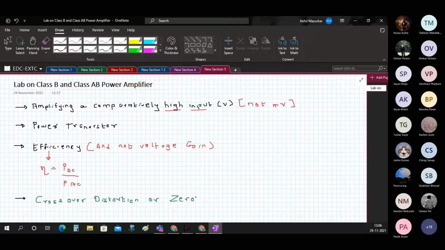So when the signal swings from plus to minus, it has to pass through zero, and at zero there is a distortion. Zero crossover distortion. So in the exam they may use any of these terms. So you should understand it's one and the same thing.